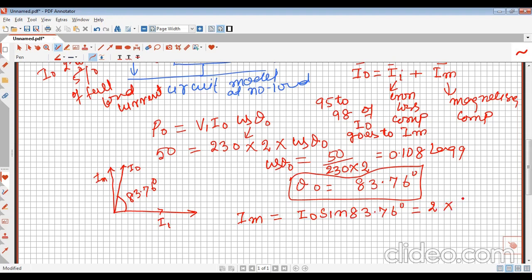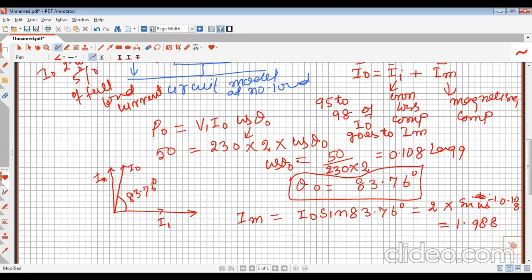we can find its value. We can write sine inverse, sorry, cos inverse 0.108, and after solving it, we will get 1.988.